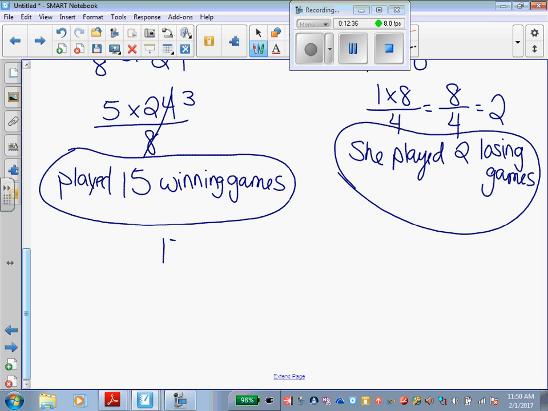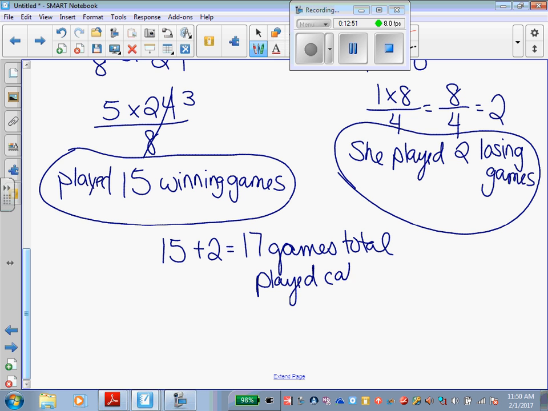So we have 15 plus 2 is what? 17. So 17 games total. Total played. It's not a very good restatement, but it is a restatement.